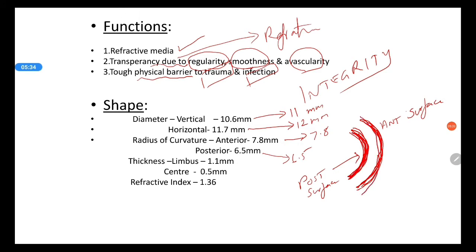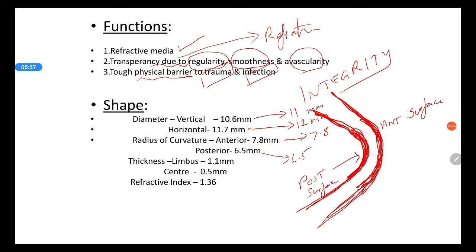Compared to the outer cornea, the inner corneal surface is more curved, or it is smaller. Also, with regard to the thickness, you should know that as the cornea extends to the periphery, the thickness is increasing.